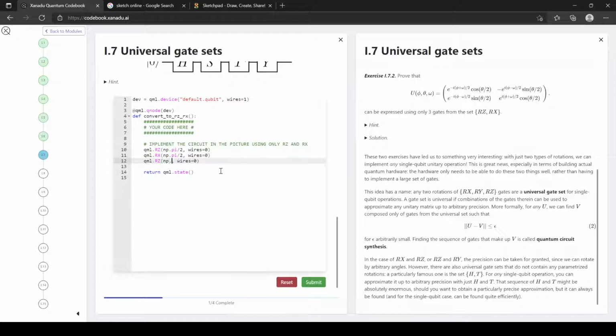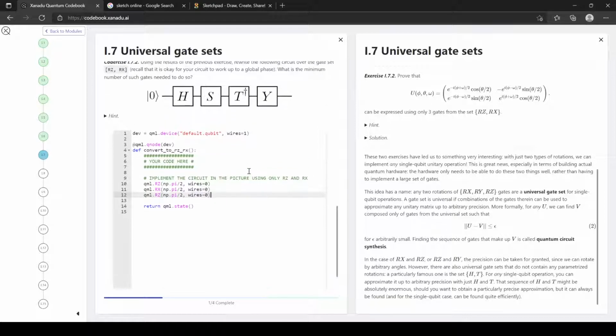numpy dot pi over 2, and then we know that the S gate is a rotation of pi over 2 as well, I believe. The T gate is pi over 4, am I correct? I think that's right.